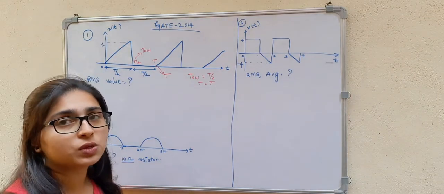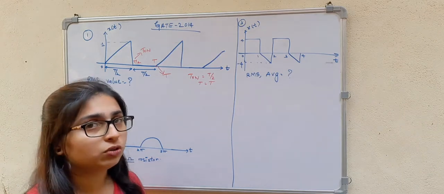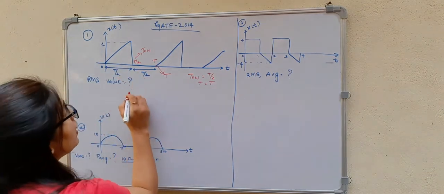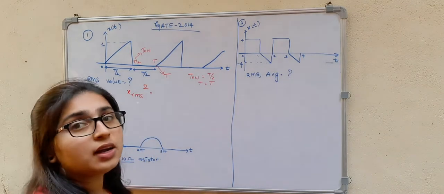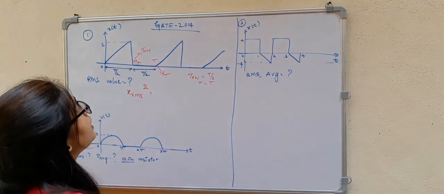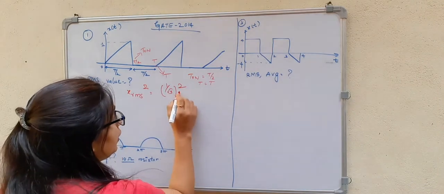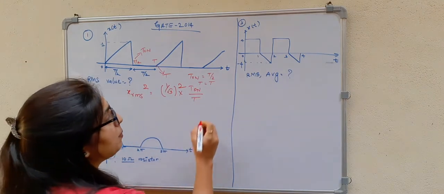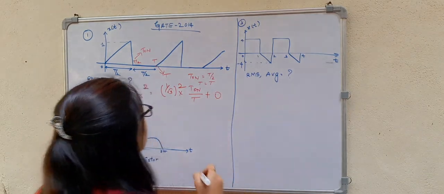The RMS value of a triangular waveform is always Vm by root 3. What is the Vm in this case? It is 1. So the RMS value is 1 by root 3. To find this, take X RMS squared, which is the RMS value of this part, 1 by root 3 whole squared, into T on divided by T, plus the other part, which is 0, so we don't need to find anything for that.